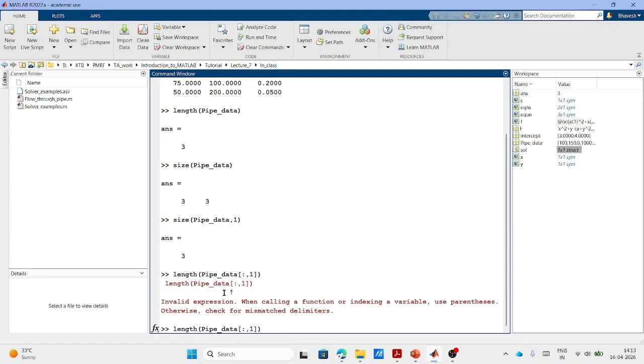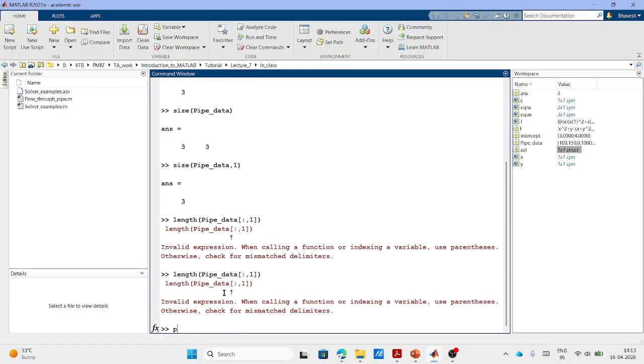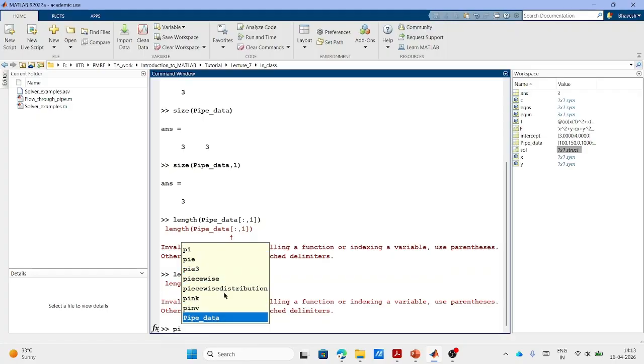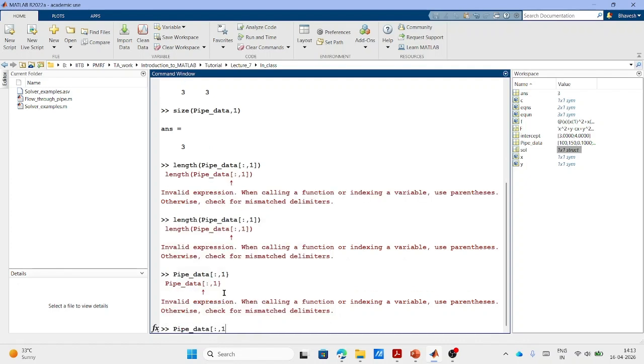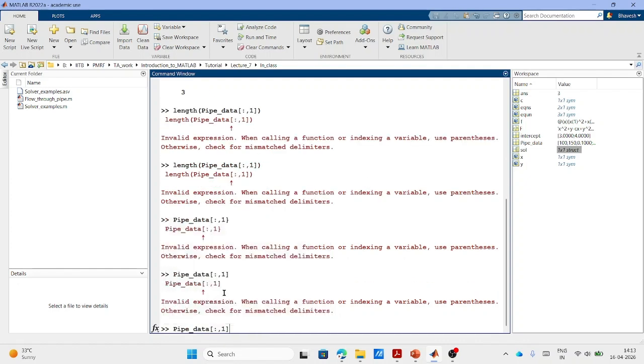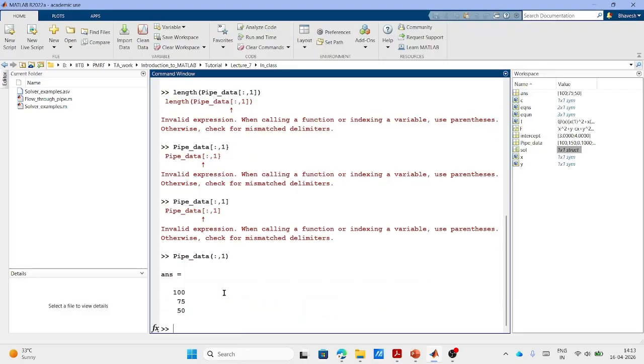So when I do that, what happened? Pipe data, all rows comma 1. Sorry, there was a syntax error, right?